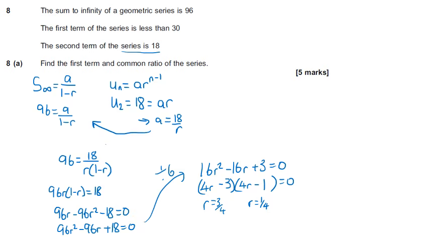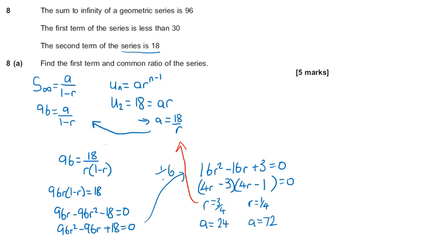And substituting each of these values back into the equation for a gives us a is equal to 18 times 4 over 3, which is 24, or 18 times 4, which is 72.